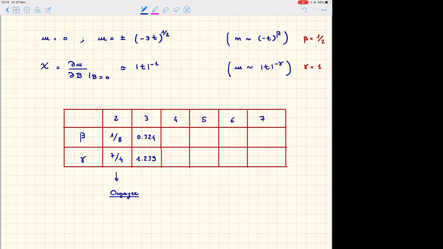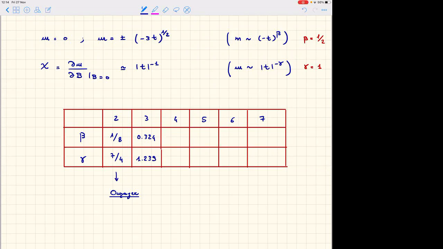As you see, in both 2 dimensions and 3 dimensions, they are very different from the values given by mean field theory, which means that mean field theory is actually a very bad approximation in 2 and 3 dimensions. Fluctuations are much larger than what is estimated by mean field theory.